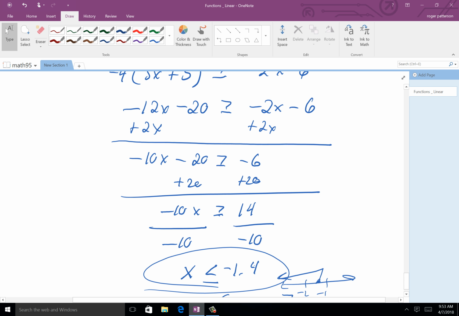I think they're going to ask you to write most of these in interval notation, so that's how you're probably going to write them. They might say, graph it on a number line. And here's some that say, write your answer in interval notation. Pretty much all of it is going to be in interval notation. There's a couple of graphs.